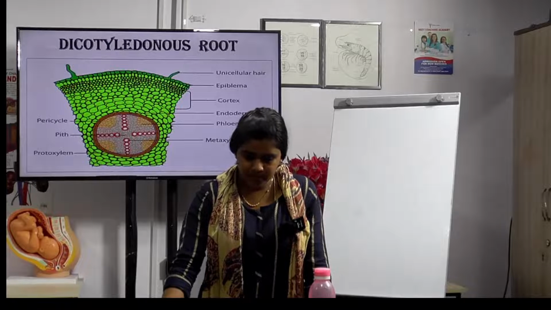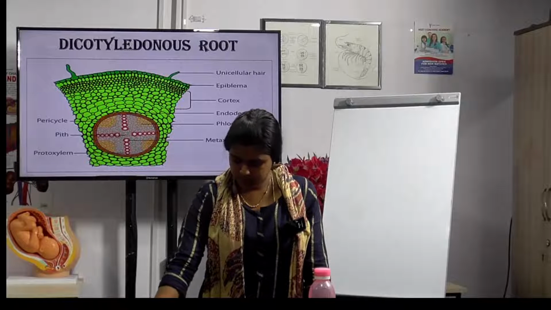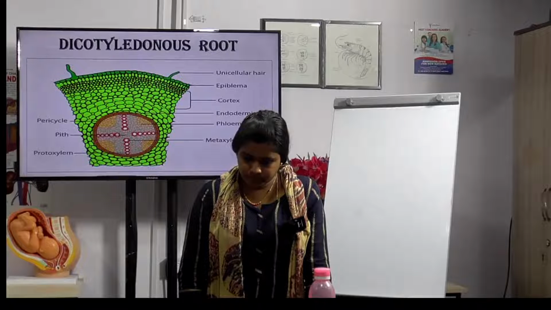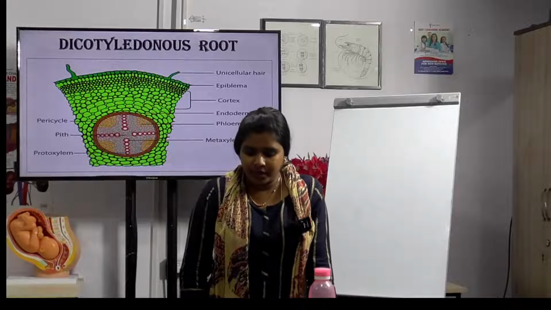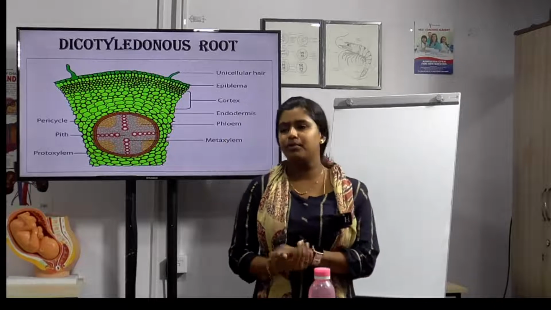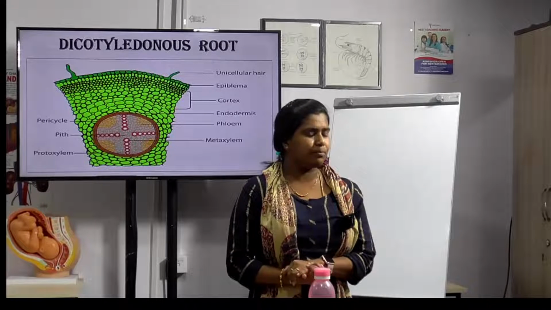Okay, now let us see dicotyledonous roots. In the dicot primary root, only primary permanent tissues are present. Secondary permanent tissues are not there in dicot roots. What is primary permanent tissue?